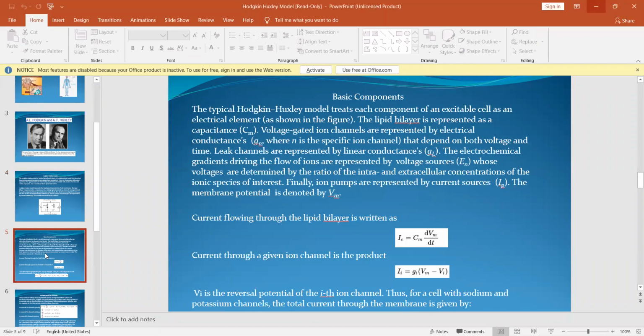And the next page is the basic components. The typical Hodgkin-Huxley model treats each component of an excitable cell as an electric element.